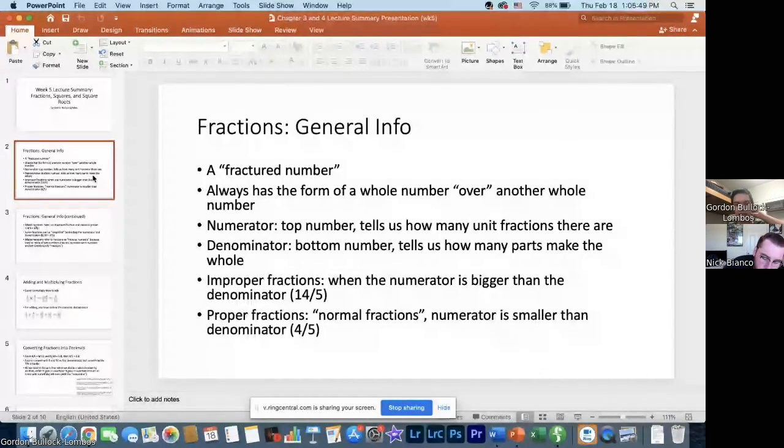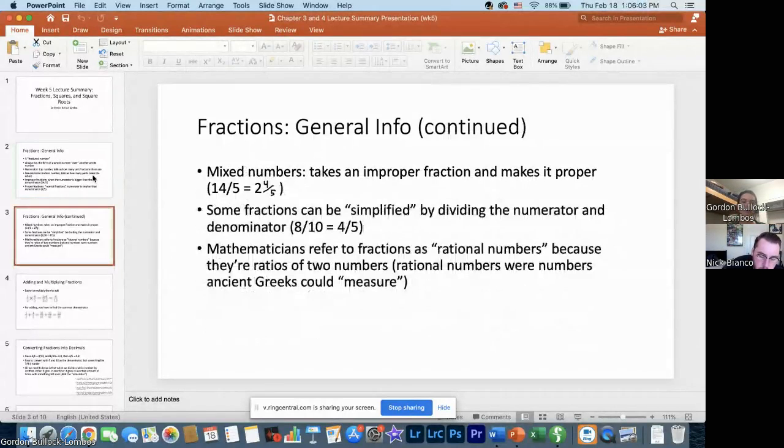Then it goes into improper fractions, where the numerator is bigger than the denominator, and proper fractions, which are just normal fractions where the numerator is smaller. And then mixed numbers, where you're taking an improper fraction and making it proper, like taking 14 over 5 and making that 2 4/5.